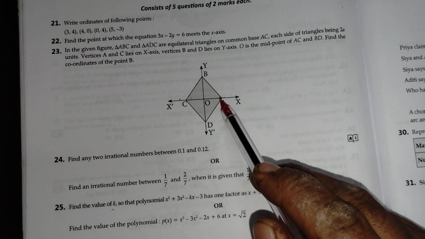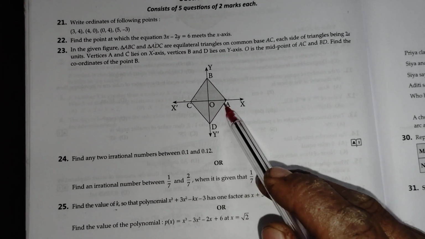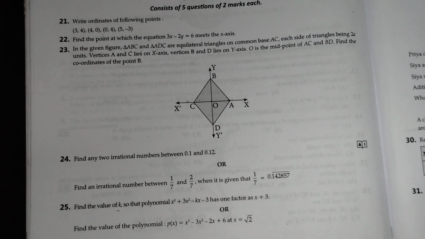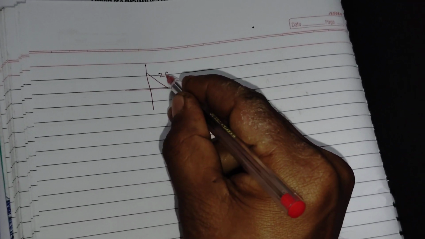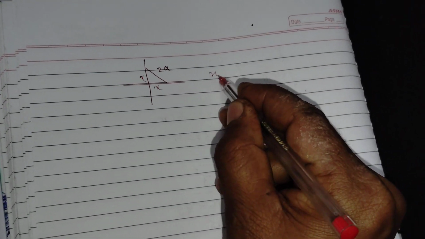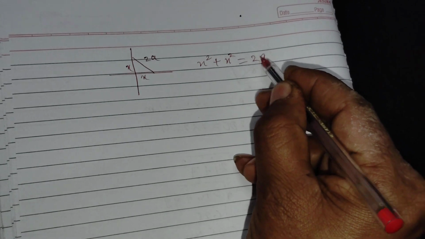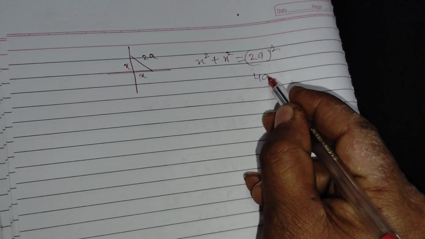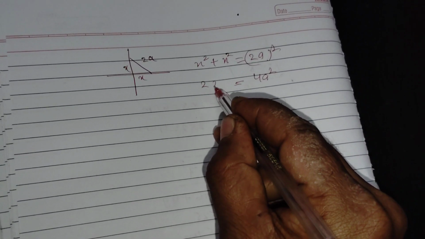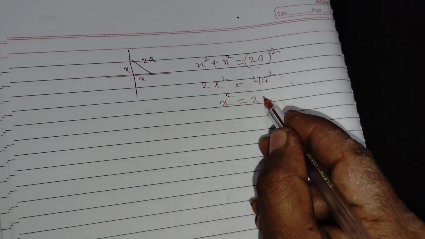So this side is 2A. We first find the two equal sides. We draw the diagram first, and this is the 2A side, and we suppose the other sides are x. So we apply Pythagoras here. x square plus x square equal to 2A square. So 2A square means 4A square. x square plus x square is 2x square. Dividing both sides by 2, we get x square equal to 2A square.